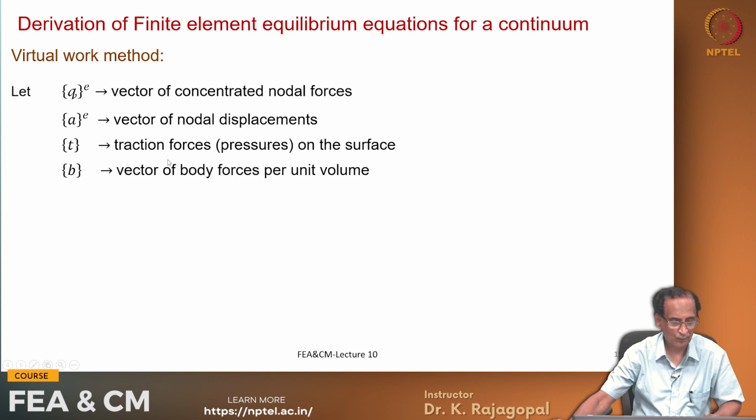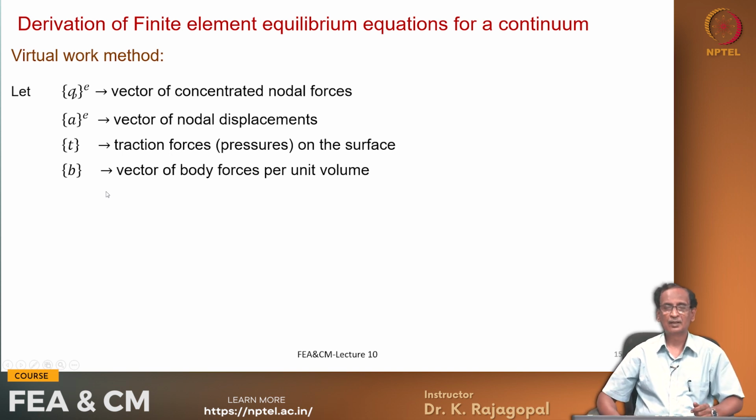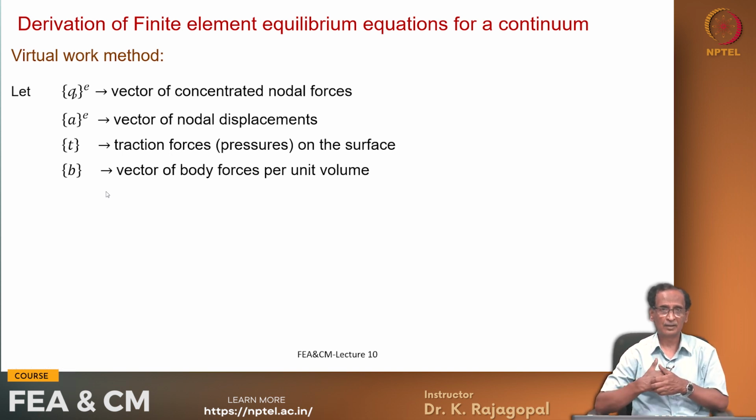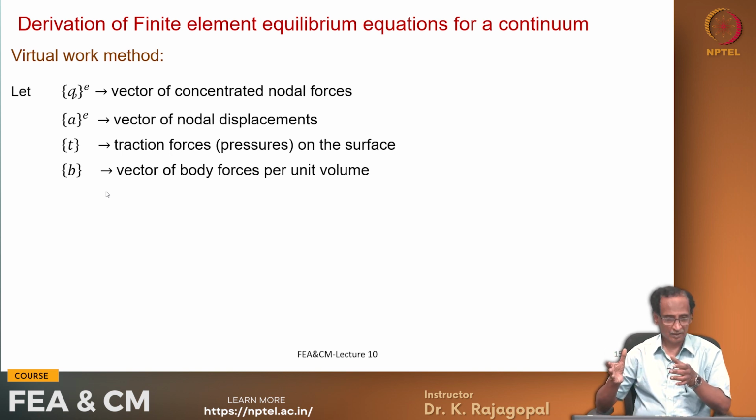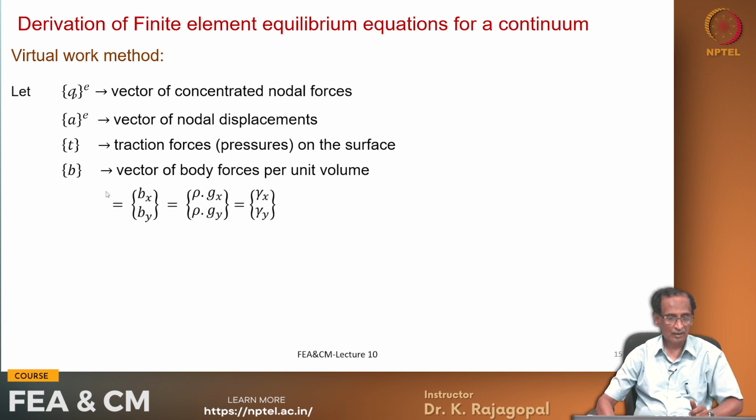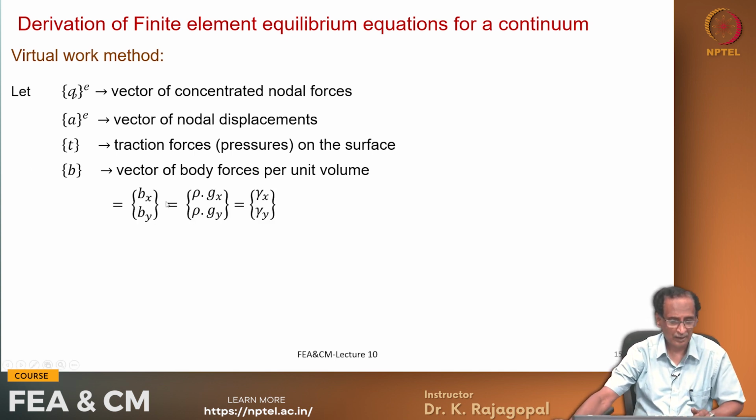And then the other type of force that you can have is the body force, the vector of body forces per unit volume b, which is basically because of the gravitational effect on the unit weight. So, gamma is our body force vector, and in general we can have a gamma in the x direction and gamma in the y direction, and so our b, the body force vector, is bx and by, rho gx and rho gy, that is gamma x and gamma y.